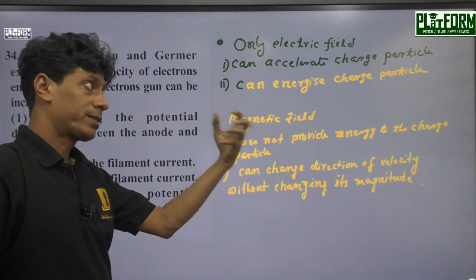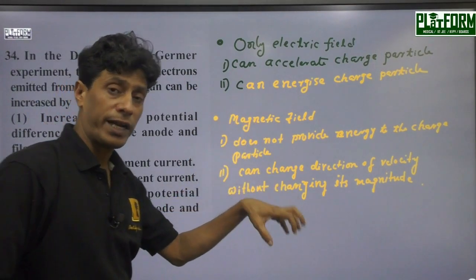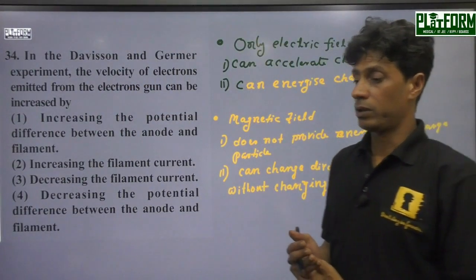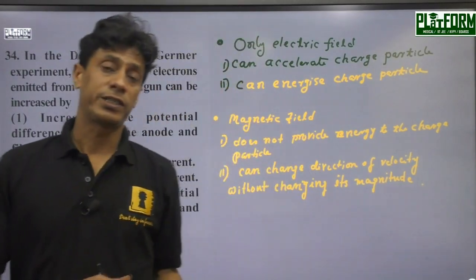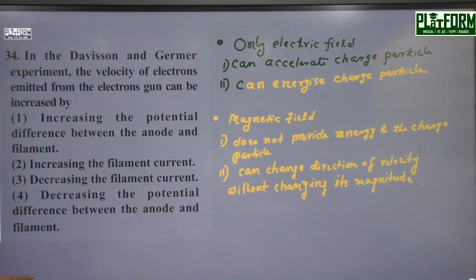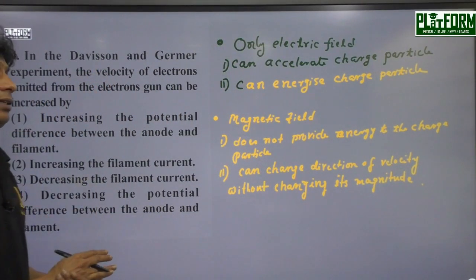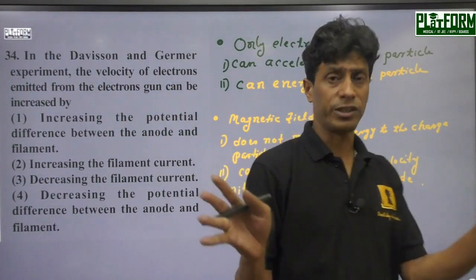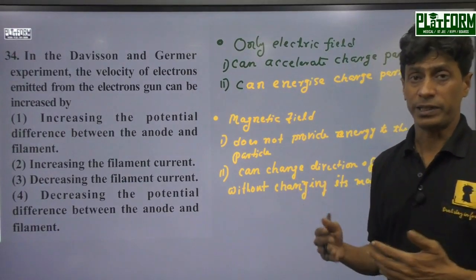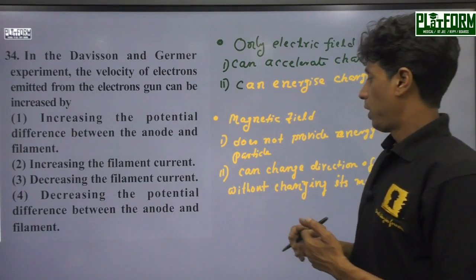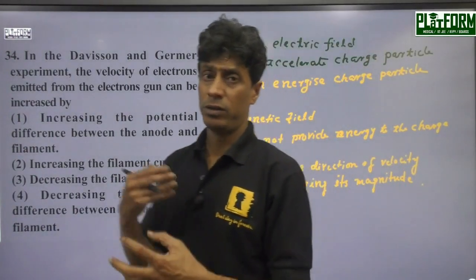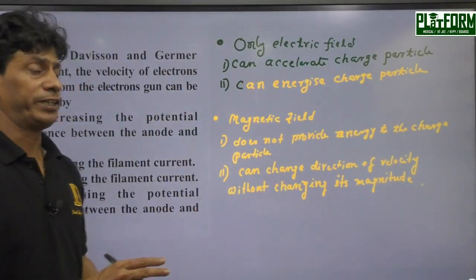An electric field can accelerate the charged particle or also can energize the charged particle. That is, the kinetic energy of the charged particle can be increased or decreased by an electric field. Whereas a magnetic field never provides any energy to the charged particle, but it can change the direction of the velocity without changing its magnitude.